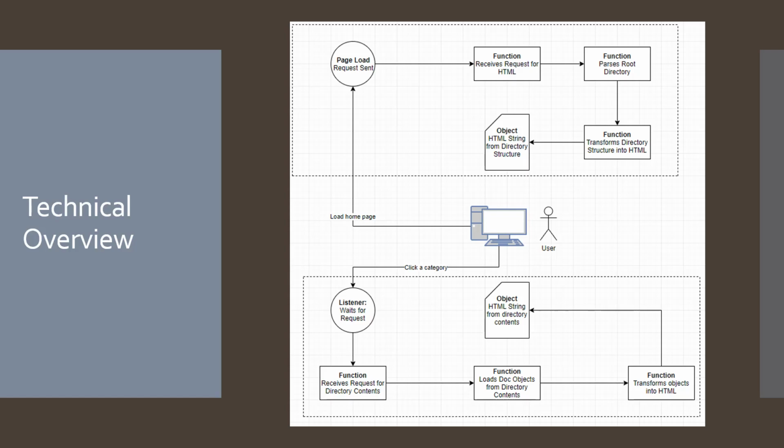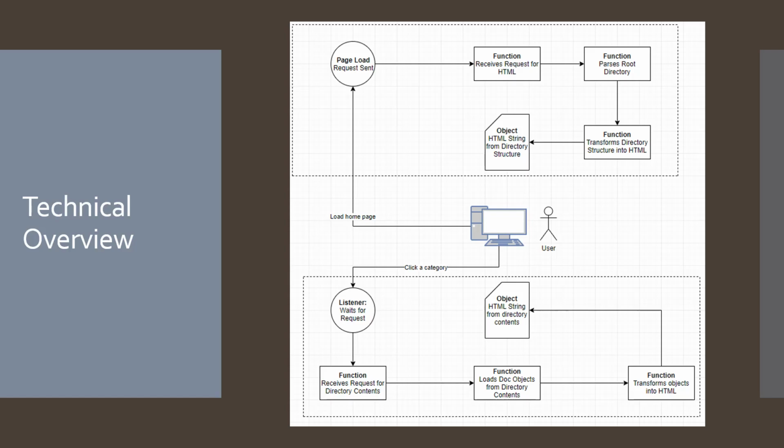So that request goes to the function that parses the directory structure and gets the names of the folders and files inside of it, and then sends that data to the function that actually turns it into an HTML string to be rendered onto the web page. And I'll show a demonstration later.